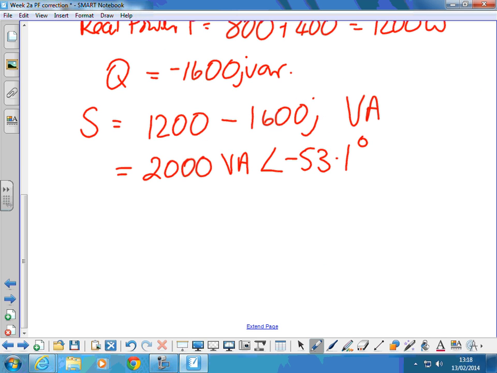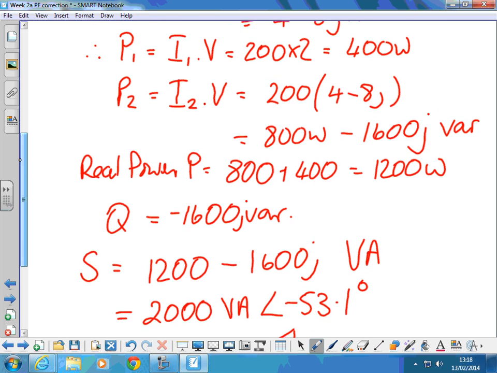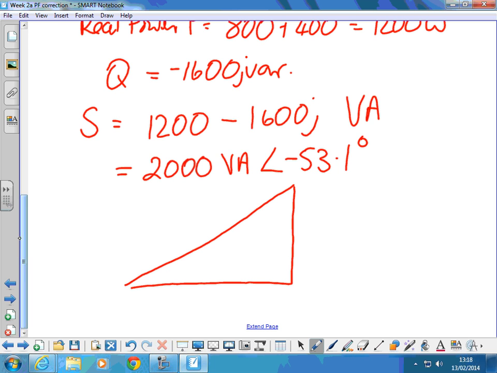Now we can express that as this, and we've got 1200 watts. Let's put 1.2 kilowatts. We've got 1600 var, 1.6 kvar.